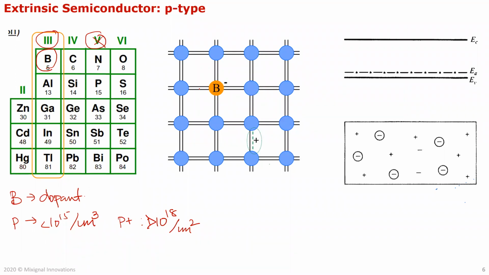So for example, here boron comes in, it finds 1 bond, 2 bond, 3 bond, but that's it. It has only 3 electrons, so it's done. So which means that this silicon over here doesn't have another electron to bond with. Okay.